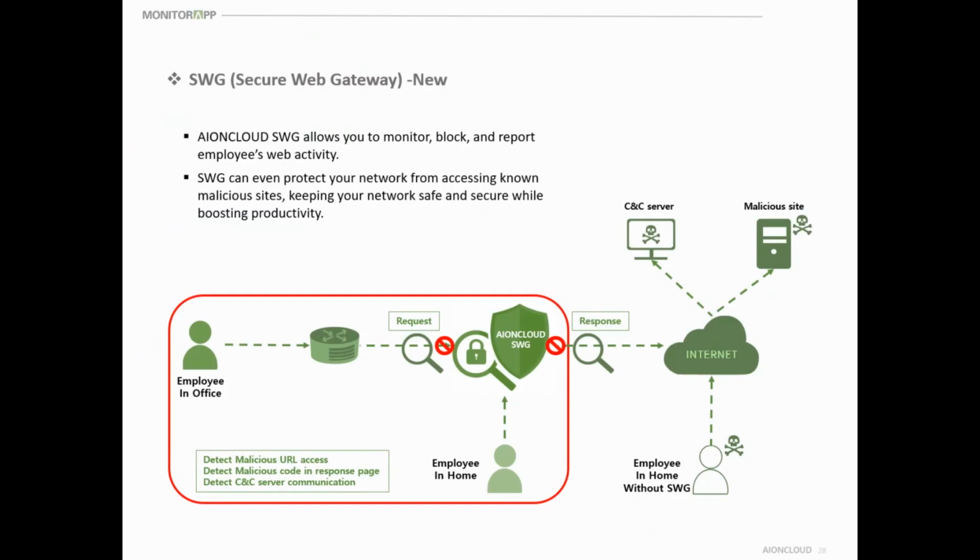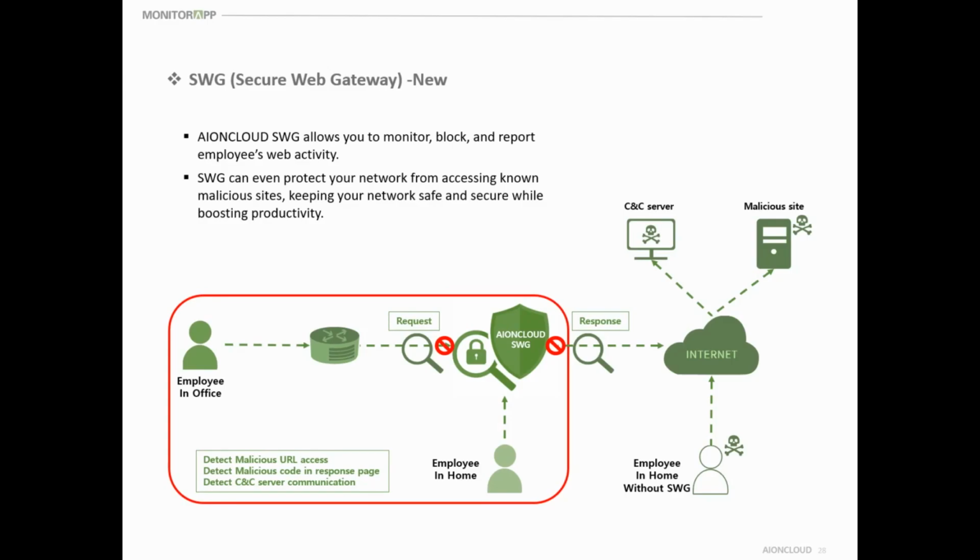And let's make an example. If the employee who works at home without the SWG has confidential data for the company, and his or her computer is leaked, then your company confidential data is leaked freely.